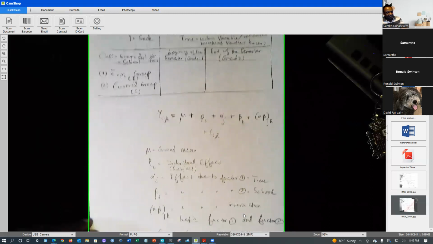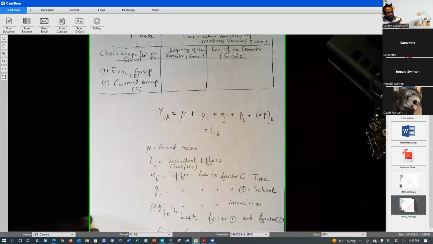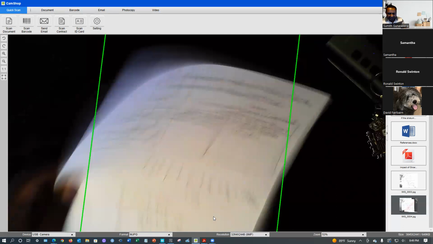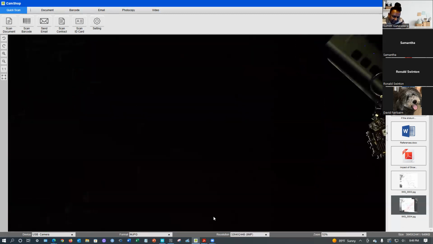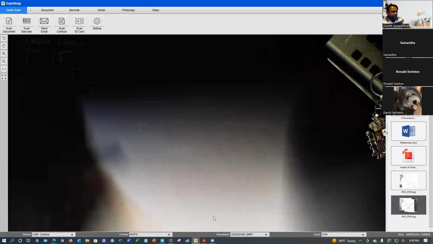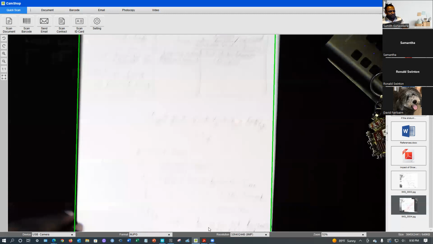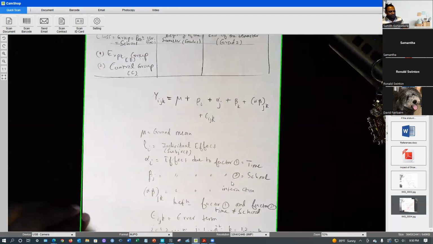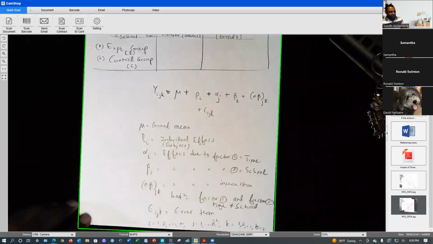Alpha-beta is the interaction between factor 1 and factor 2, meaning time times school. That's how you get time times school in that output. And epsilon_ijk is the error term.